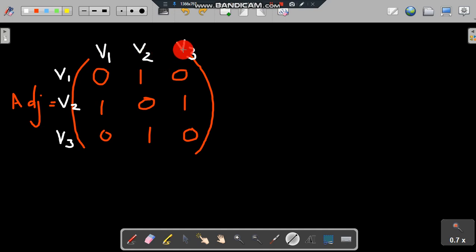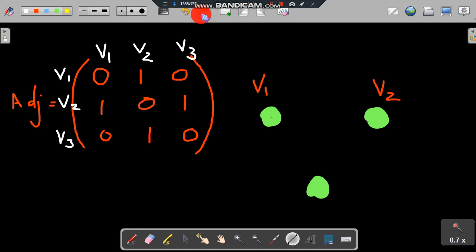Three vertices are necessary here to draw the graph connected to this matrix. So I am taking three vertices and calling them V1, first vertex, V2, second vertex, and V3, third vertex. Now, on the basis of the adjacency matrix, we must make an edge between the two adjacent vertices.